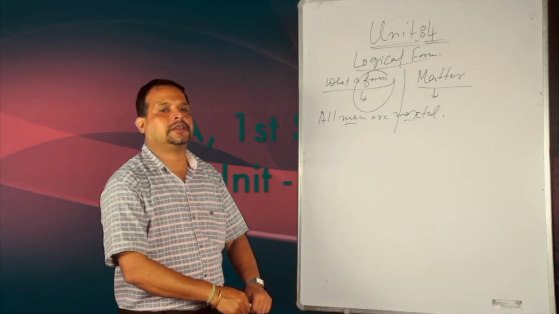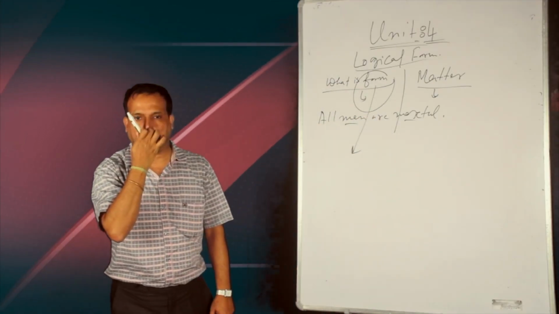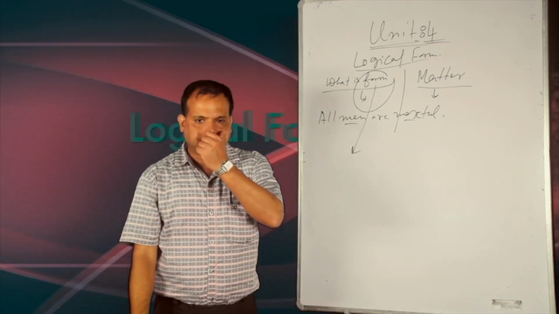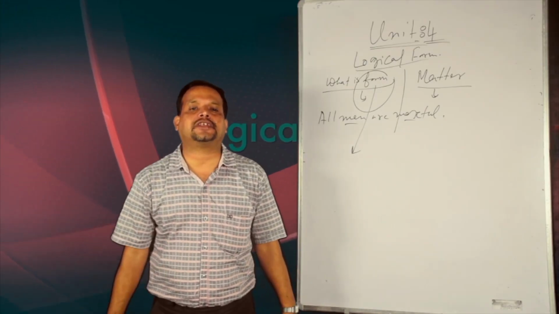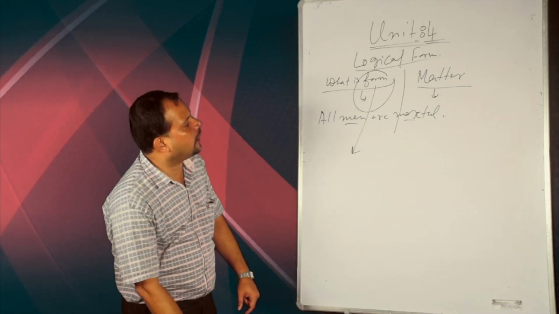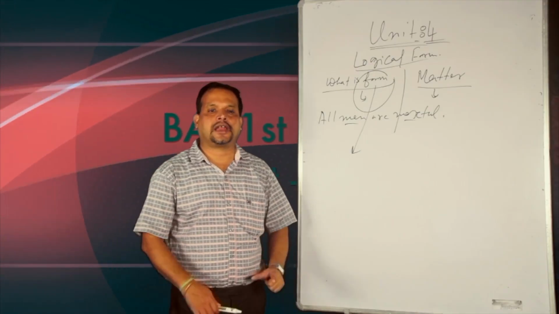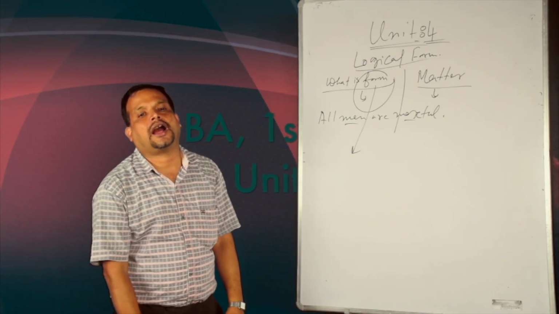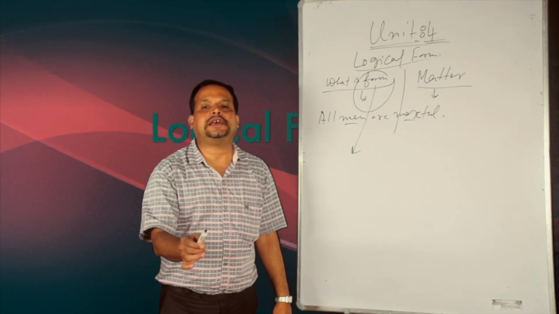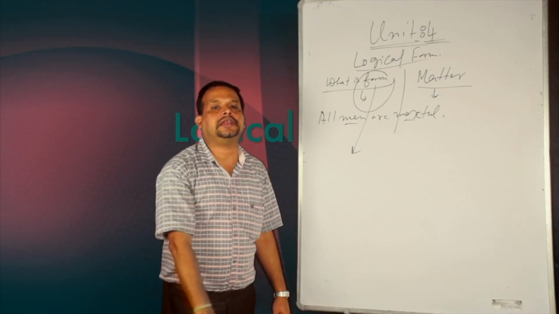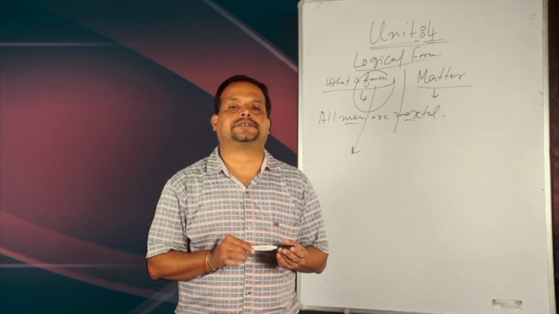On the other hand, the form of a proposition or argument expresses the way in which subject matter is expressed. Form relates to the logical structures underlying the argument. Again I repeat, form relates to the logical structure underlying the language content in any argument.